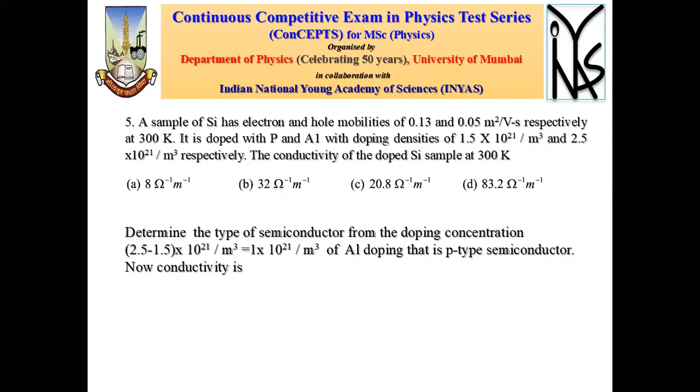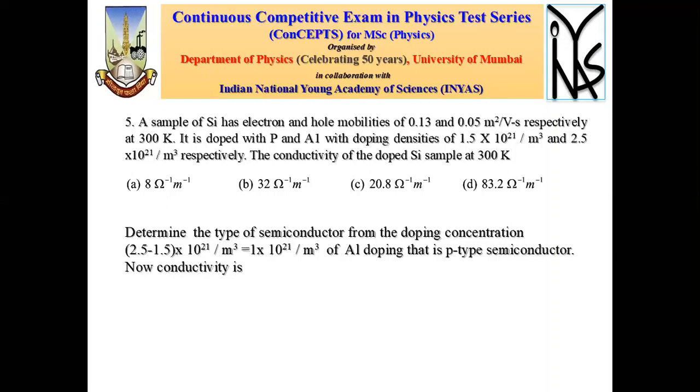So we can just see which is bigger. The aluminum doping is bigger. So 2.5 minus 1.5 into 10 raised to 21 per meter cube will give you 1 into 10 raised to 21 per meter cube of aluminum doping, which is dominating.